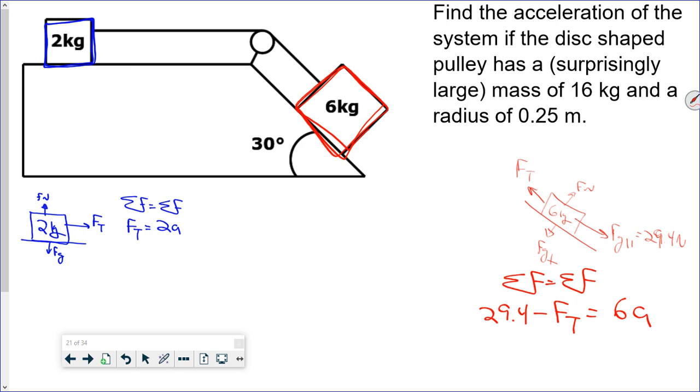At this point, we'd say, cool, I've got 2 equations and 2 unknowns: I've got tension and acceleration, and I've got tension and acceleration. And that's how we would have solved that before.